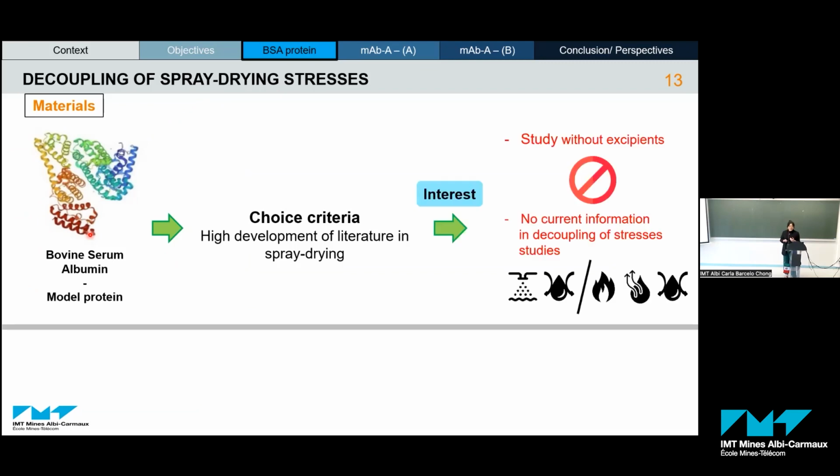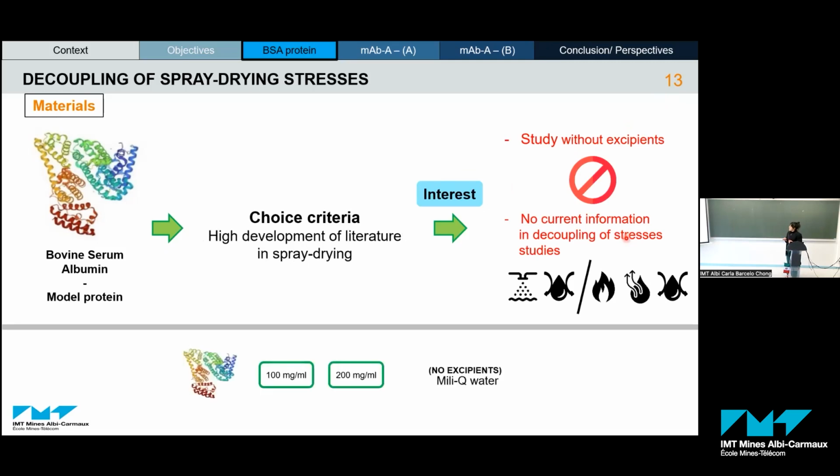As well, the interest in using a model protein was to study the impact of the stresses in a formulation without excipients, and that there is no current information on decoupling of stresses studies in the setup that we chose. The formulations that we are using for this part are at two different concentrations, 100 and 200 milligrams per ml, reconstituted in milli-Q water without excipients.